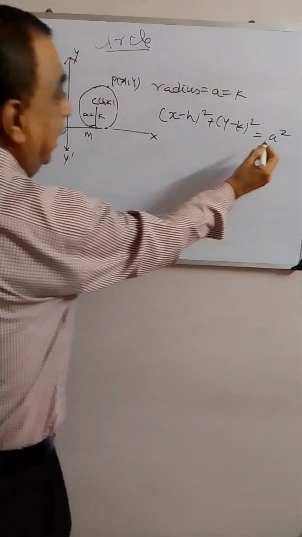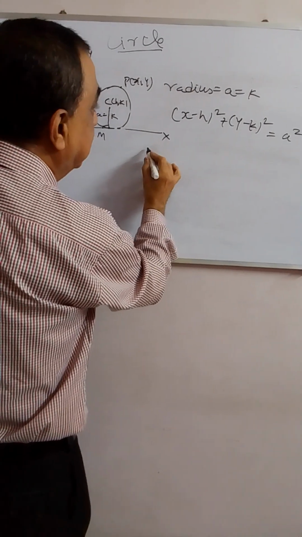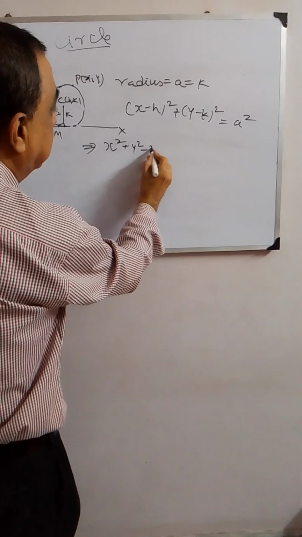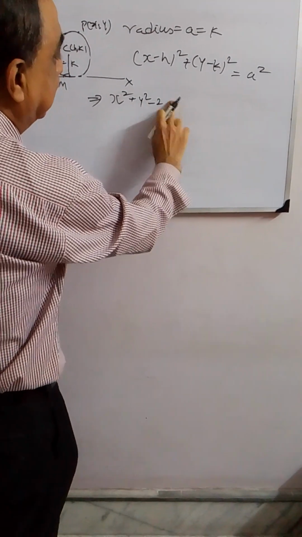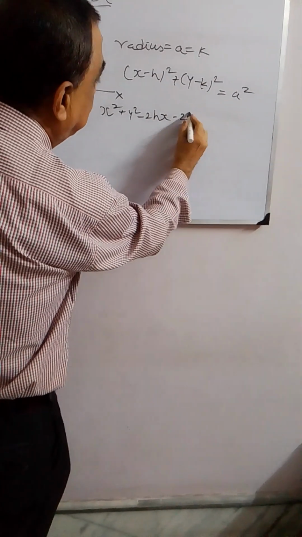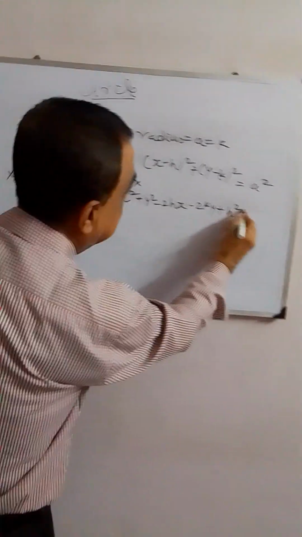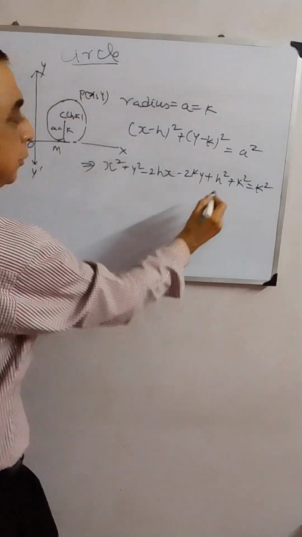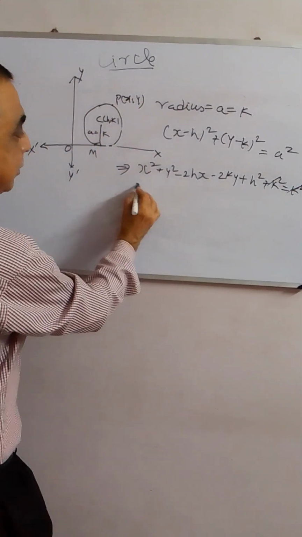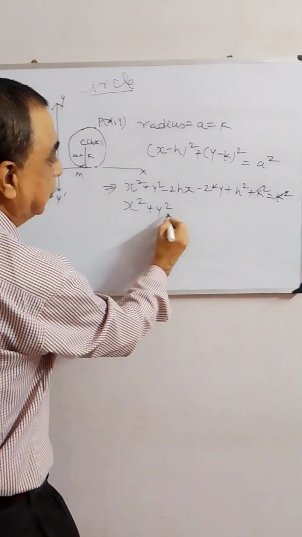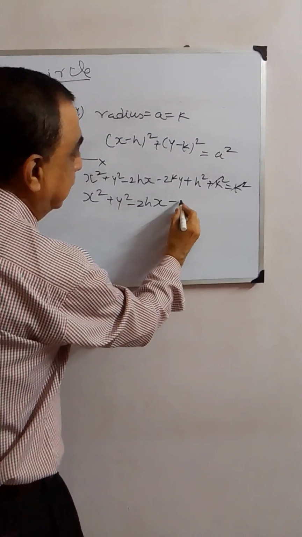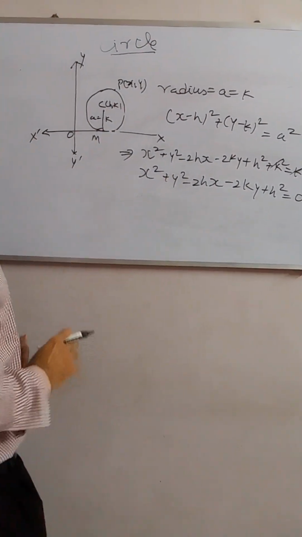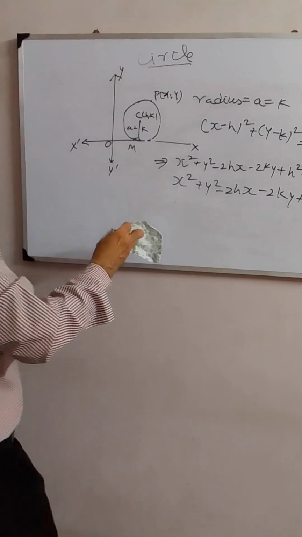Now the value of a is k, so we substitute that and expand. So x squared plus y squared minus 2hx, minus 2ky, plus h squared plus k squared is equal to a squared, which is equal to k squared. So k squared cancels from both the sides. We will have x squared plus y squared minus 2hx minus 2ky plus h squared is equal to 0. So this is the equation of a circle which is touching the x-axis.